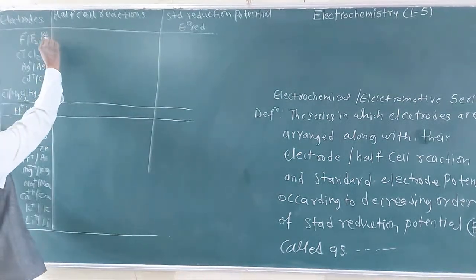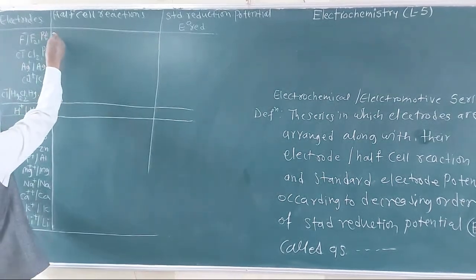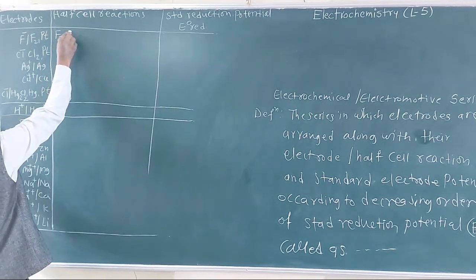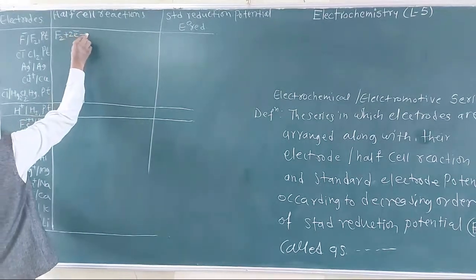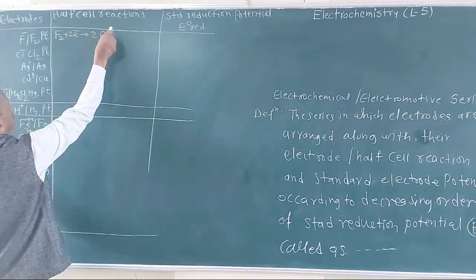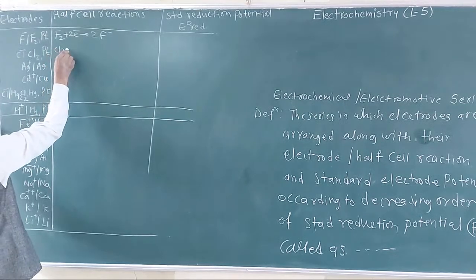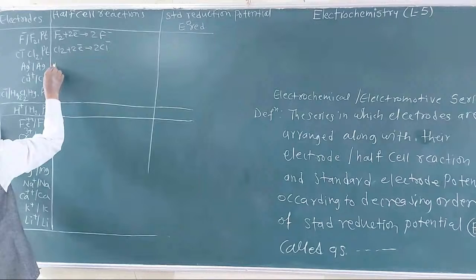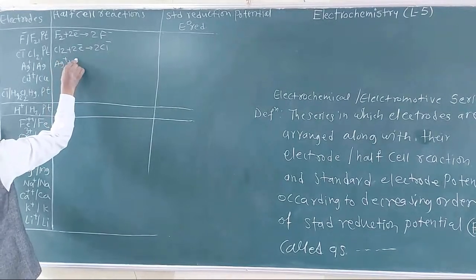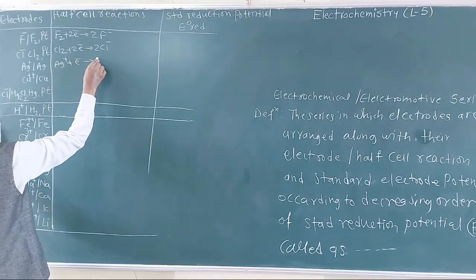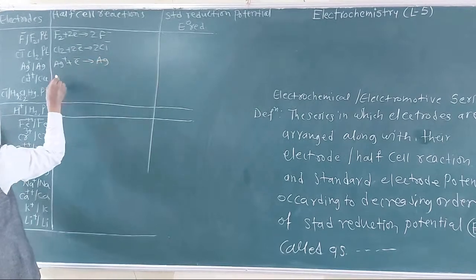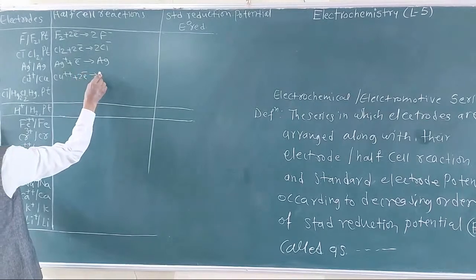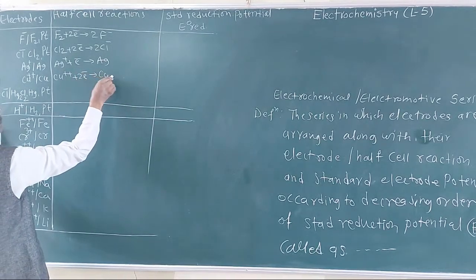Now consider their half-cell reactions. That means how they act. So here, chlorine plus 2 electrons gives chloride ions. Silver ions will absorb an electron. All these are reduction reactions where absorption or addition of electrons is taking place.